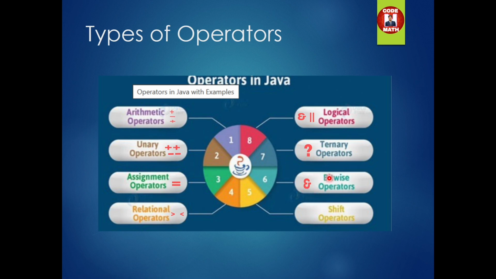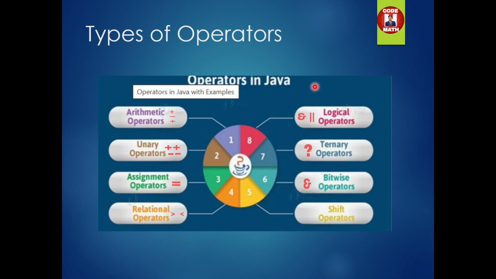There is also bitwise operator and shift operator. So these are the basic types of the operator in Java. Don't worry, we will surely go deeper into these operators in the further video. So for this time it is enough to know the basic idea of the types of operator.